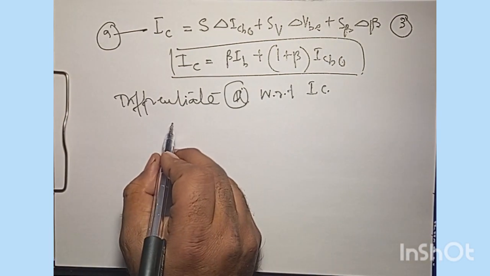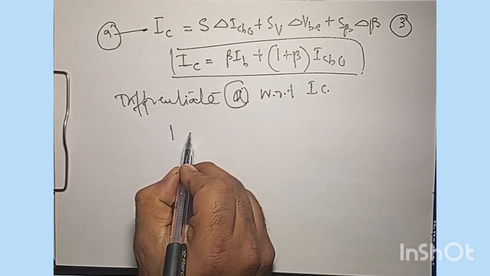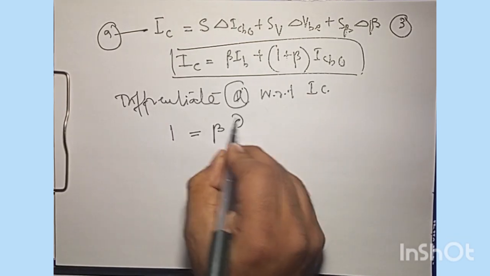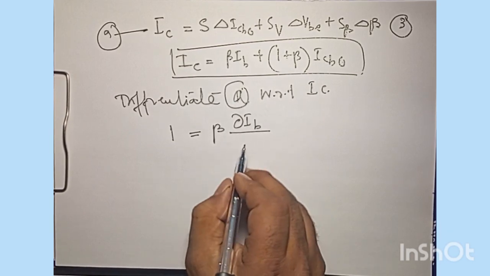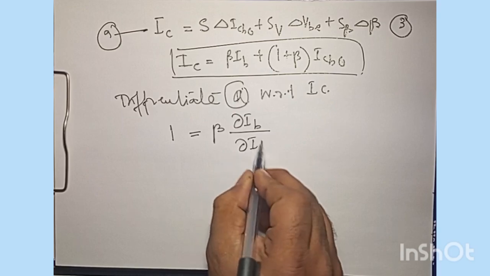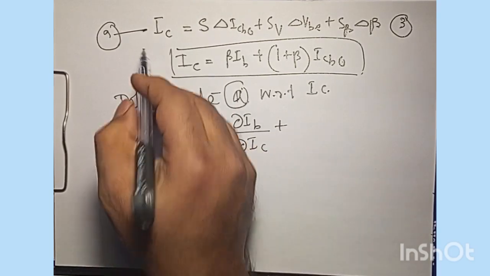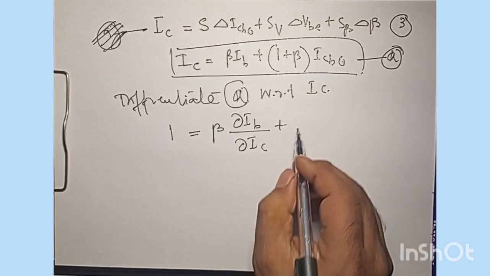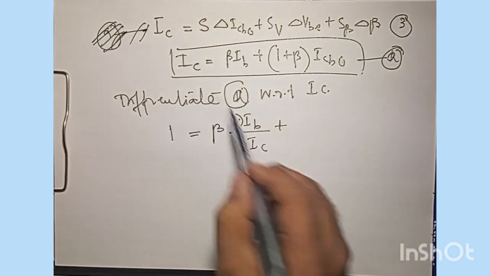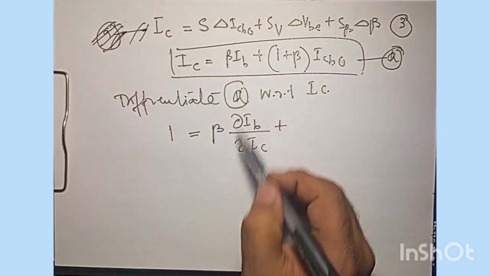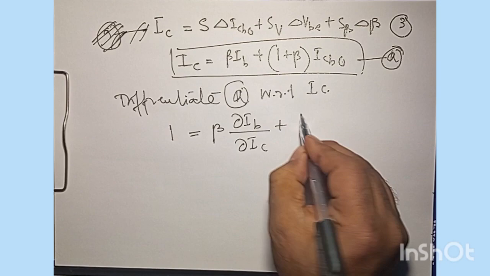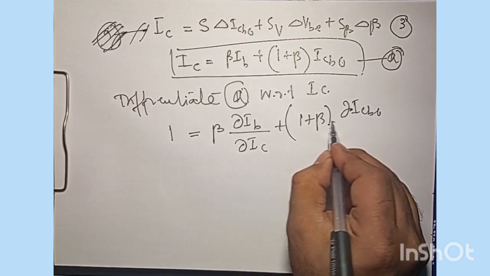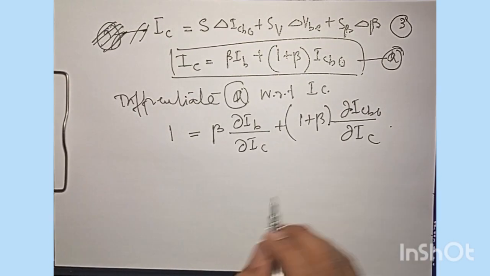If I do that, here I will get 1, and then beta delta IB by delta IC, plus 1 plus beta times delta ICBO by delta IC.